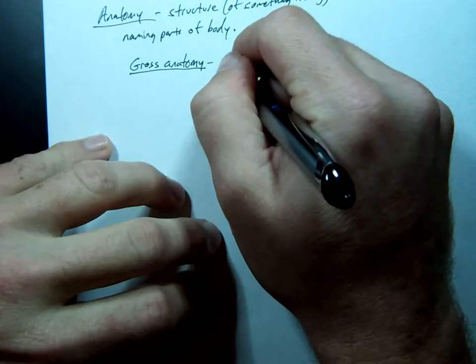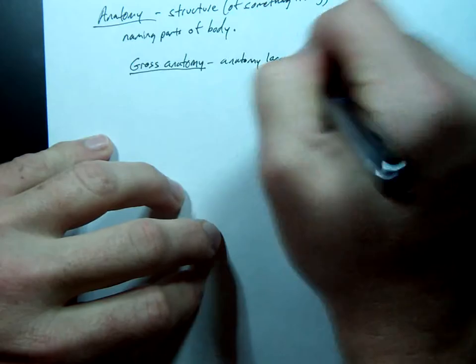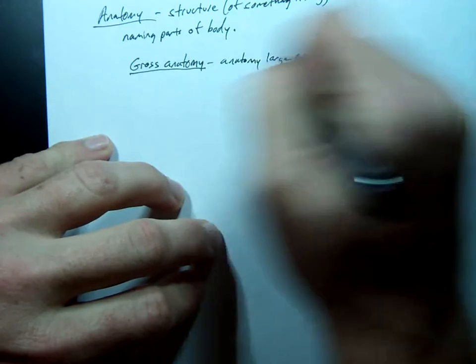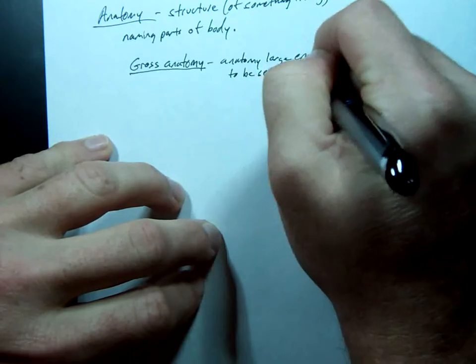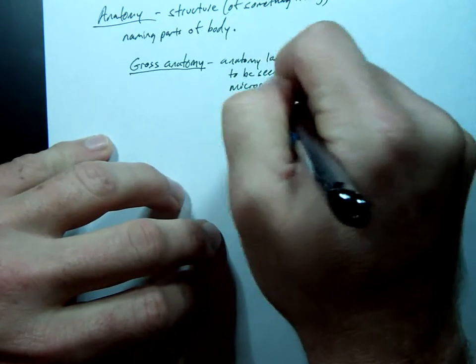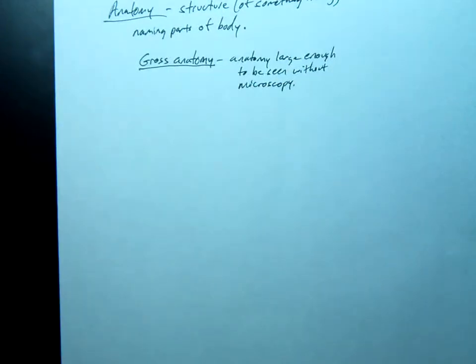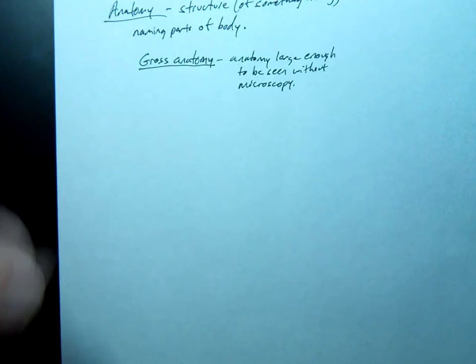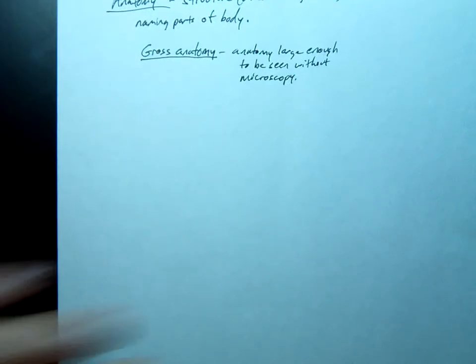This is anatomy large enough to be seen without microscopy, without microscopes, without magnifying lenses. And so this is primarily what we're going to be looking at, is gross anatomy.